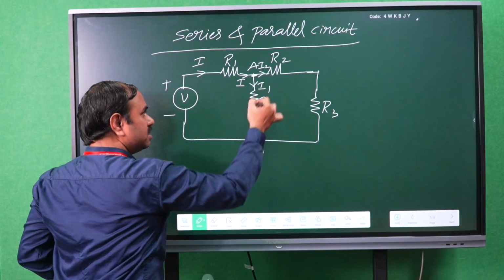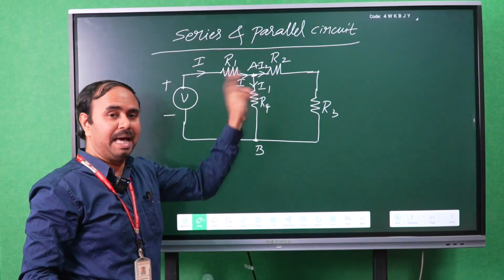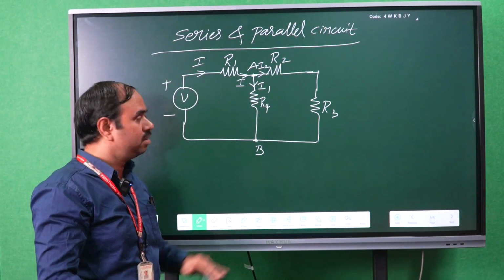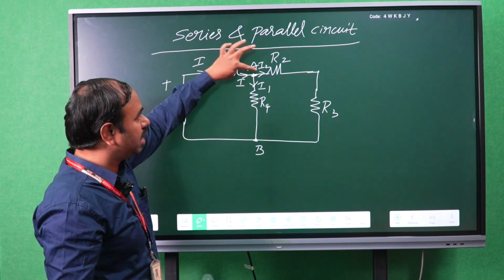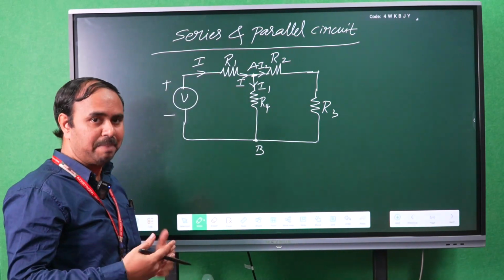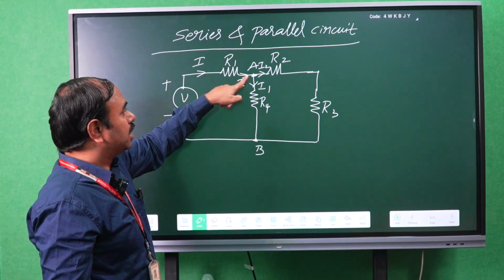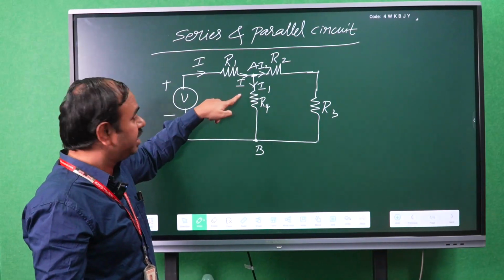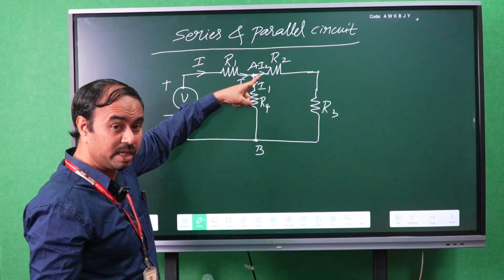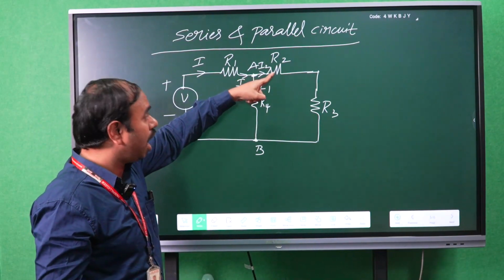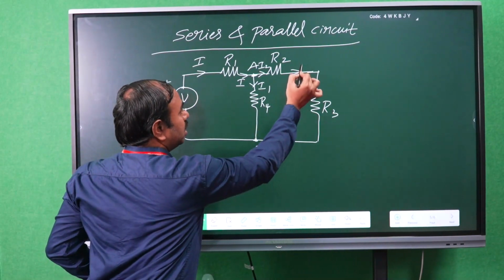Why? Because these two resistances, R2 resistance and R4 resistance, become parallel. Therefore, the current I will be divided at node A as I1 and I2. We know that in parallel circuit, the current will be divided. Current drop takes place. I1 current is flowing in R4, whereas I2 current is flowing in R2 as well as R3.